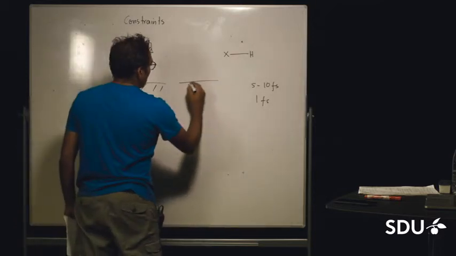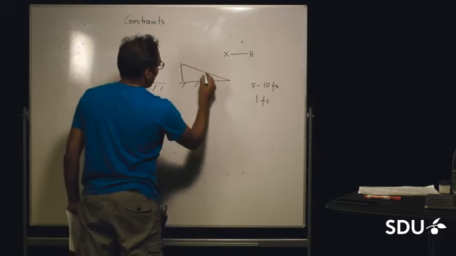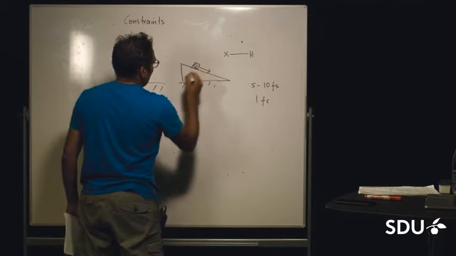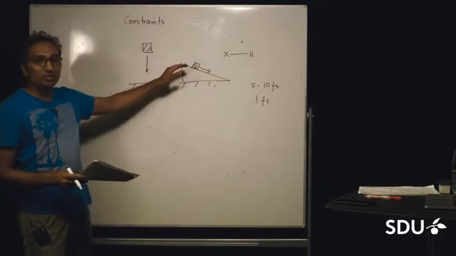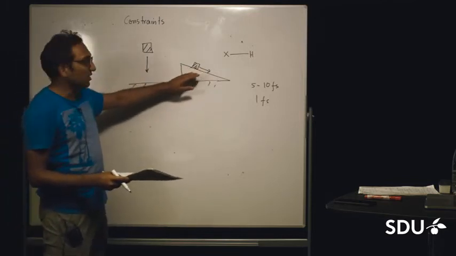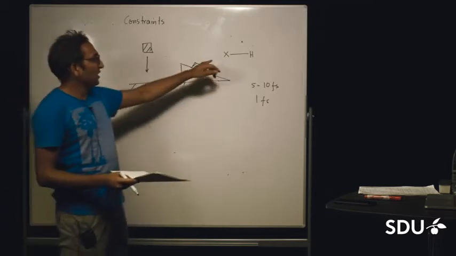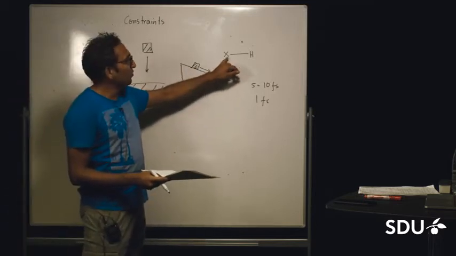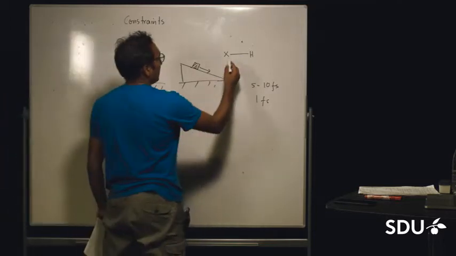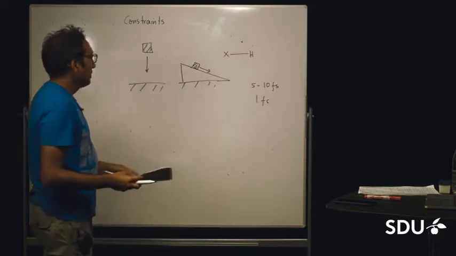However, if the same block is now moving on an inclined plane, then the movement of the box is constrained by the inclined plane. Similarly, in my MD simulations, the movement of these atoms is constrained by the fact that the bond length between x and h is fixed.